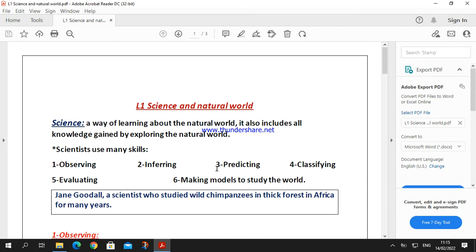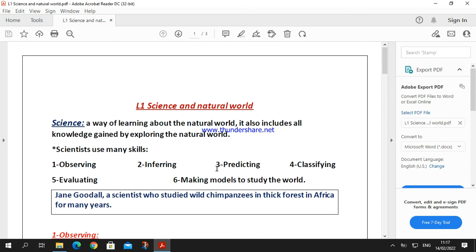For example, when we use different types of acids in the lab, like hydrochloric acid, sulfuric acid, nitric acid, and put litmus solution in different acids, we observe that the litmus solution changes into red in the case of acid. So the conclusion of this experiment: acids change litmus paper into red.